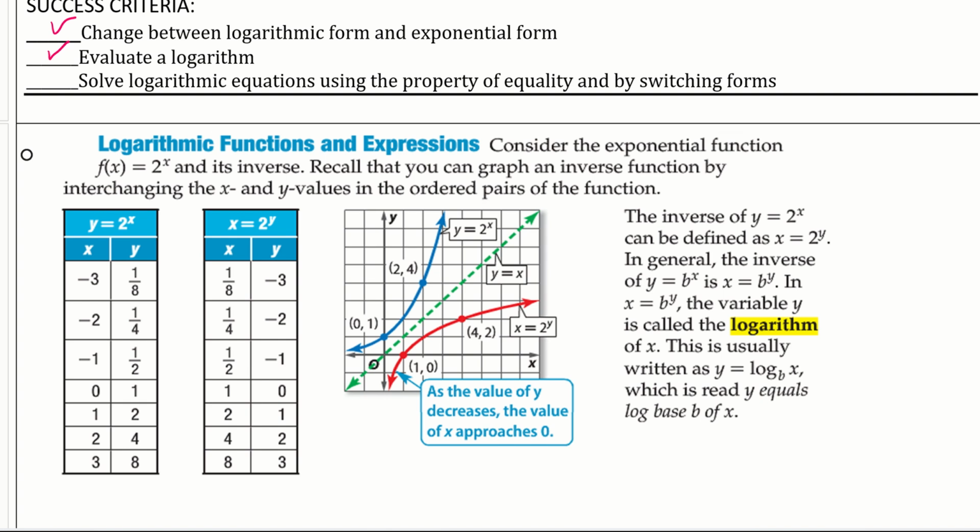In general, the inverse of y equals b to the x is x equals b to the y. In x equals b to the y, the variable y is called the logarithm of x. This is usually written as y equals log base b of x, which is read y equals log base b of x.